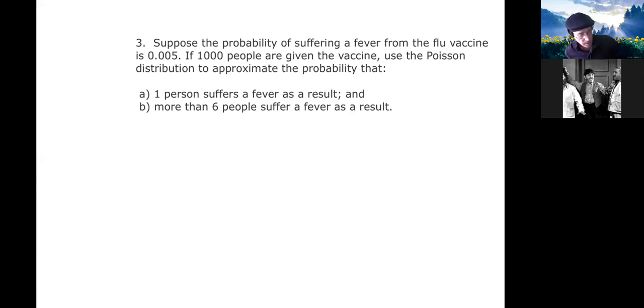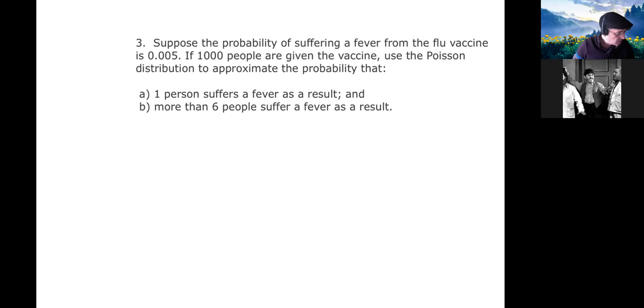Okay, so problem 3. Suppose the probability of suffering a fever from the flu vaccine is 0.005. If 1,000 people are given the vaccine, use the Poisson distribution to approximate the probability that in part A, 1 person suffers a fever as a result, and B, more than 6 people suffer a fever as a result.